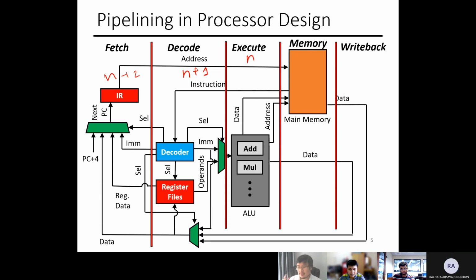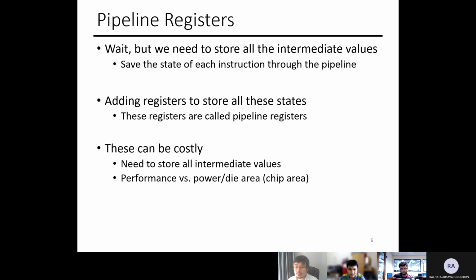This way, you can have multiple instructions being processed in a pipelined manner. To enable this, you need to add pipeline registers to make sure each pipeline stage stores all the intermediate variables tied to that instruction, right?